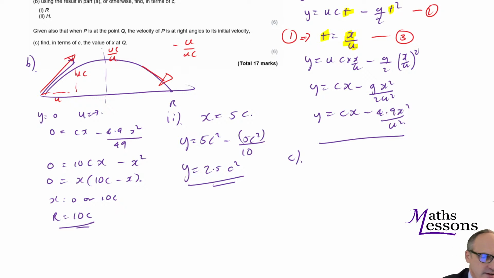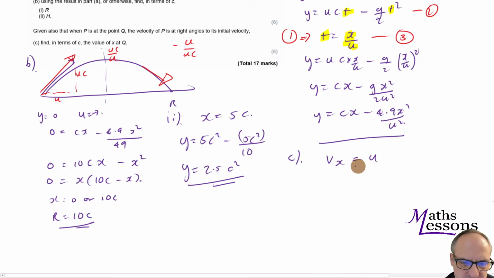The velocity in x at any point is always going to be U. It doesn't change. So although we're going to get this gradient to be minus U over UC, we can't have the change in x to be UC, because the velocity in x is always going to be U, but they're going to be in ratio.